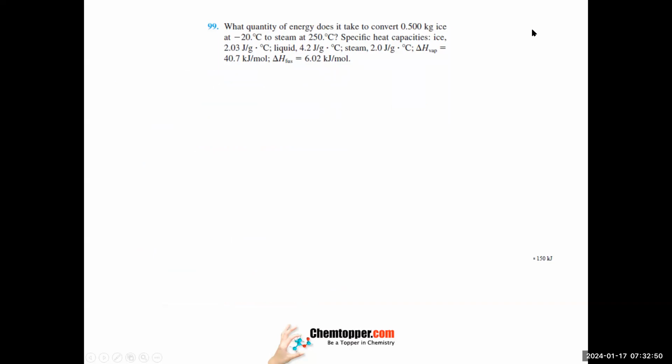First, let's make a sketch. What quantity of energy means we have to calculate the total amount of energy needed to convert 0.500 kg of ice. I'm reading the question, children. Ice is solid, to steam.